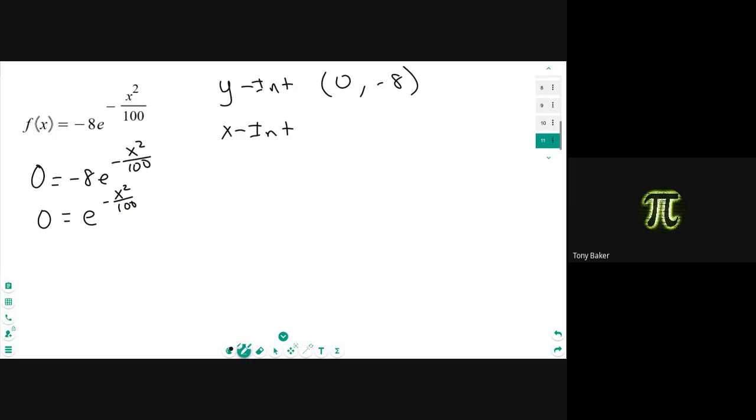I think it's smaller, but it's never going to be 0. So there are no x-intercepts in this problem. And I have no vertical asymptotes. Do I have a horizontal asymptote?